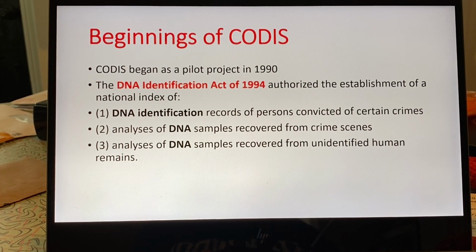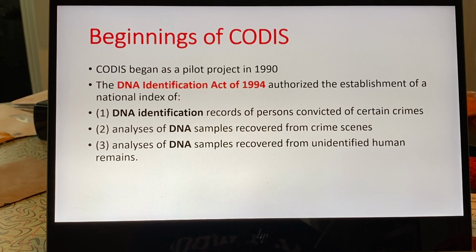It was a good basis, but unfortunately there were lots of loopholes. So the biggest one was, number one, it allowed collection of samples and then having the DNA profiles of persons convicted of certain crimes on record, and that they had to remain in the database. That's the one where there were the biggest loopholes.